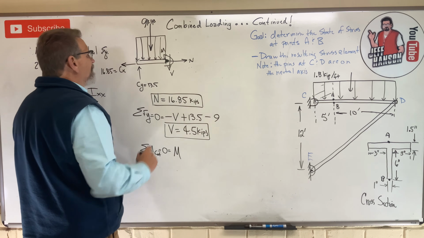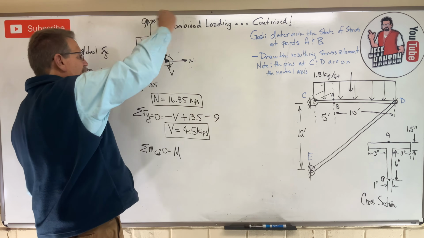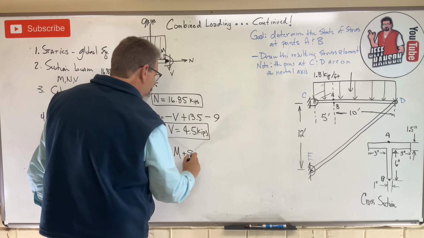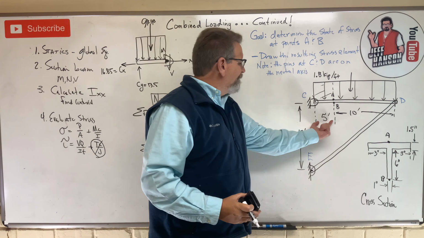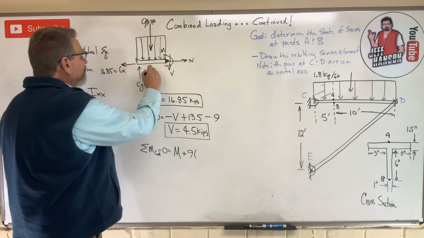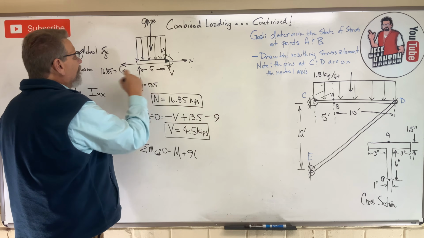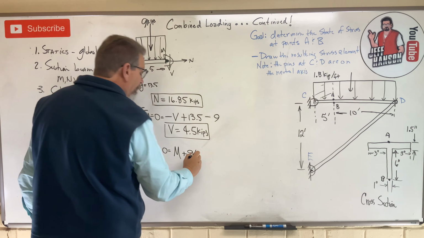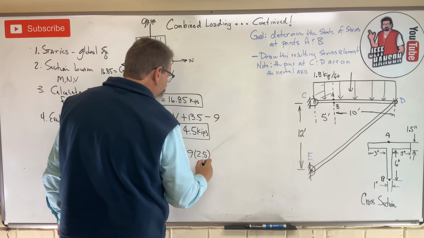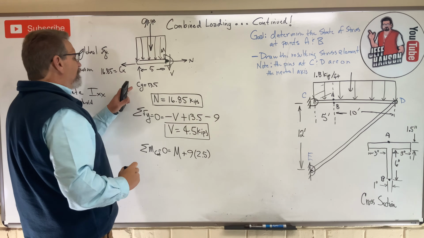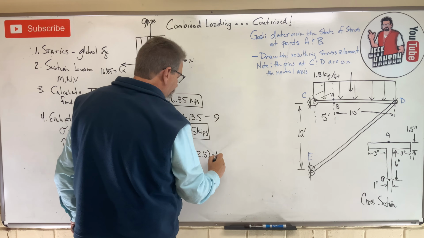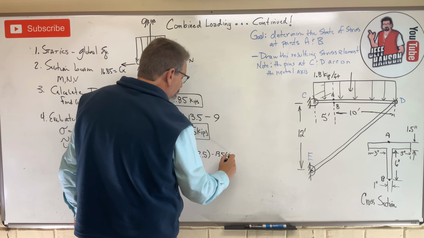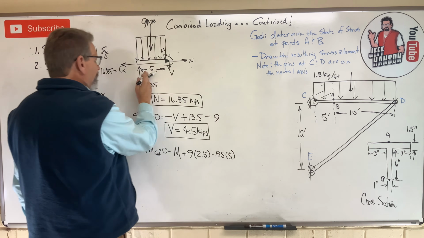And then the 9 rotates me positive, so plus 9 times how far away? Well, the 9 sits halfway on this. This is 5, so the 9 is 2.5 away. And then the 13.5 rotates me negative, minus 13.5, but it's 5 away, the whole 5.